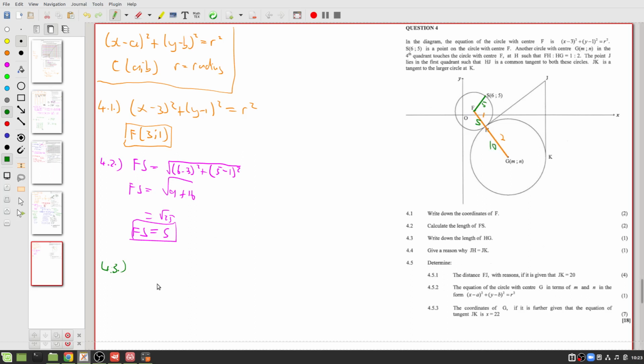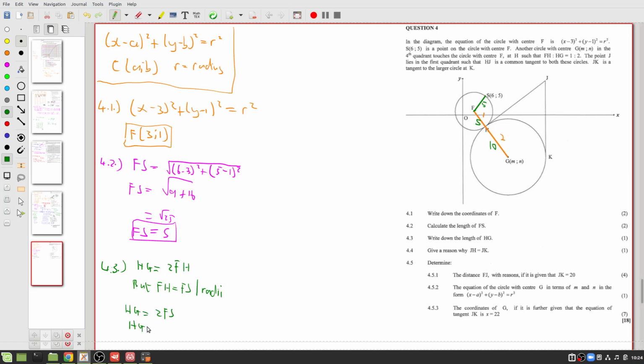Let's just write that down in mathematical terms. We need to find HG, but HG equals 2 times FH. FH is equal to FS. What is the reason for that? Both are radii. So we can say HG is 2 times FS, because FH and FS are the same.